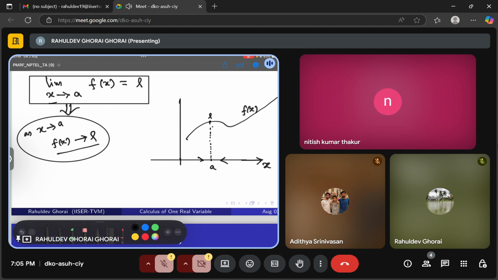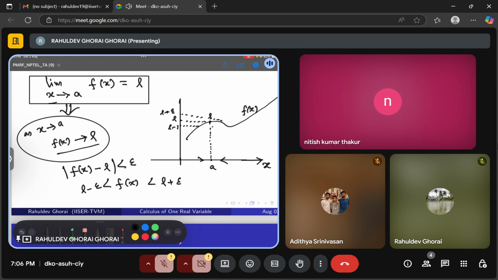If you start with |f(x) minus L| less than epsilon, what is the meaning of that? f(x) lies between L minus epsilon and L plus epsilon. You have L here, so you take L plus epsilon and L minus epsilon.